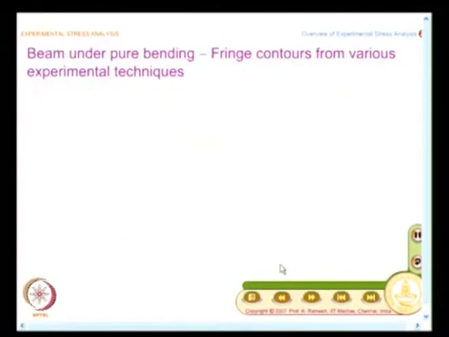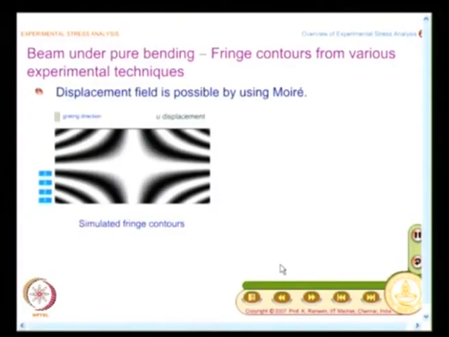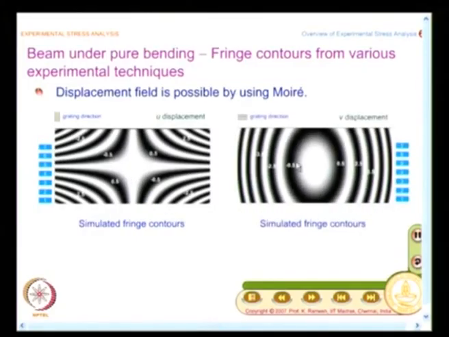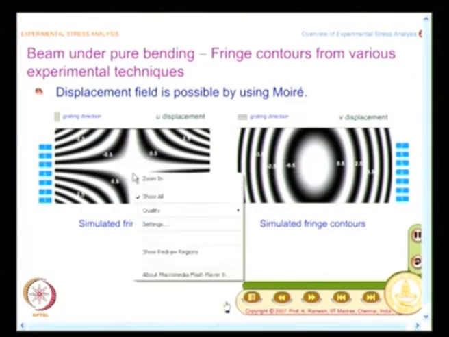Now, we have seen the fringe pattern from photoelasticity, which essentially gives the contours of sigma 1 minus sigma 2. Now, our interest is to see other contours. What I can do is look at geometric moire and find out how the displacement field is, and this is the u displacement, and this is the v displacement, and we will see this a little closely.